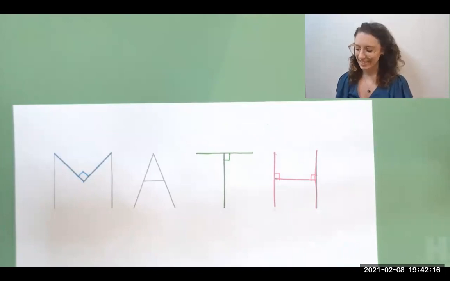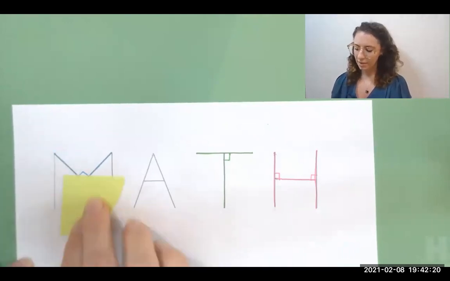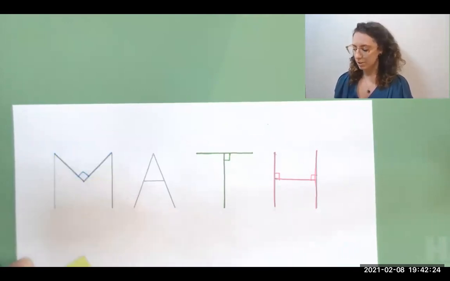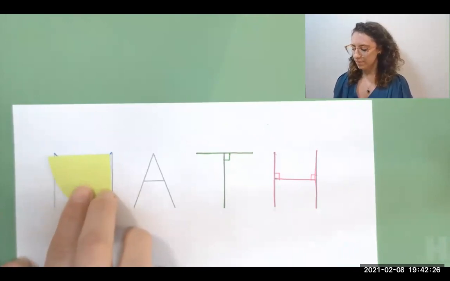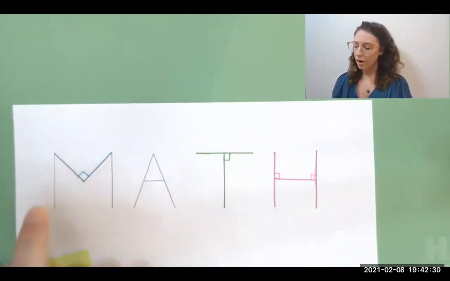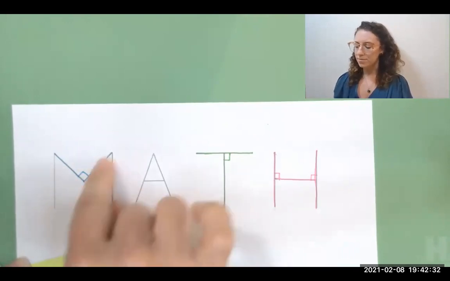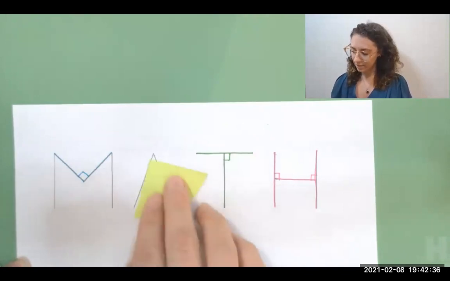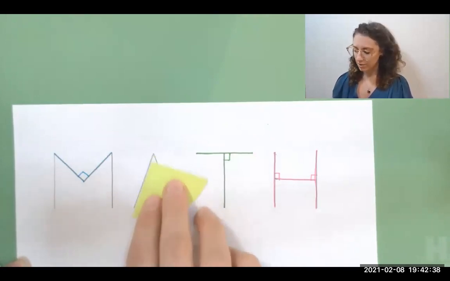What about the others? Let's check. These two lines make an angle smaller than a right angle. That angle is acute. So these lines are intersecting, but they're not perpendicular. In the letter A, this angle is acute.